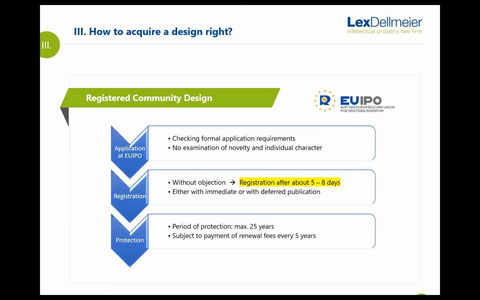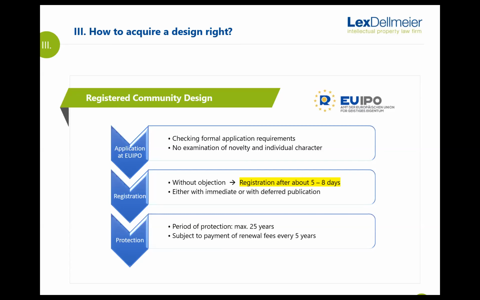We now have the same overview that we just gave you for Germany. We have now put in slides for the registered community design and for the international registration as well. However, we have highlighted the differences in yellow because the main prerequisites and requirements are the same.